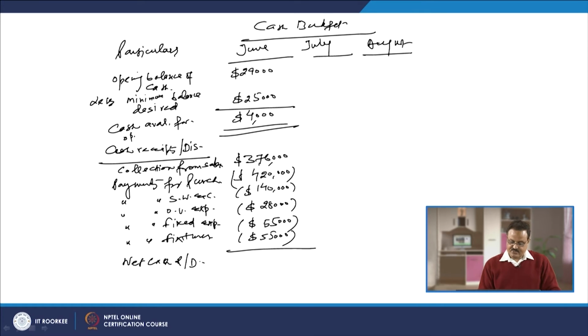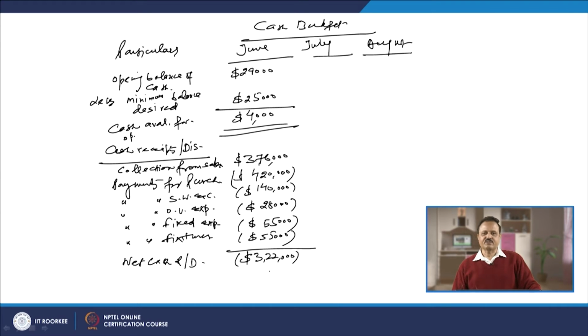If you calculate this total amount, we find the net balance is negative, 322,000. What does it mean? That our payments are more by this amount of 322,000 as compared to our collections.